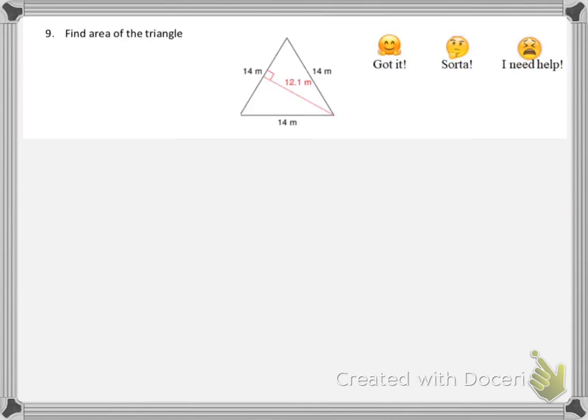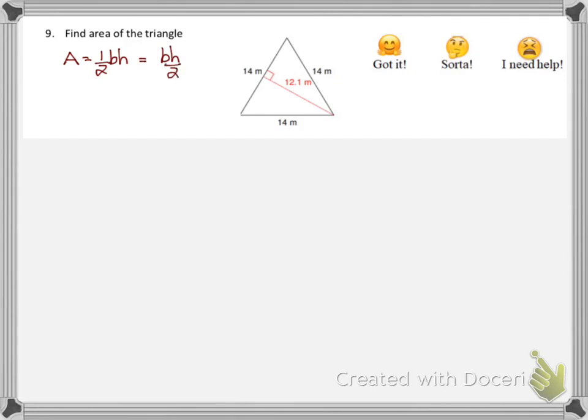Okay, on this one we need to find area of a triangle. So we have that area equals 1/2 times base times height. Just remember that the height has to be perpendicular to the base. So another way to write this is base times height divided by 2.